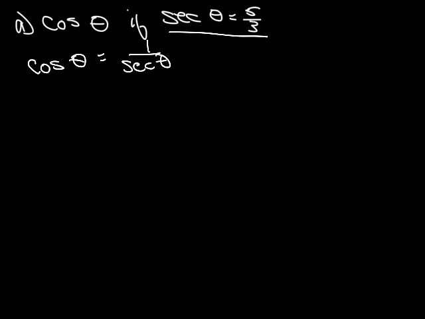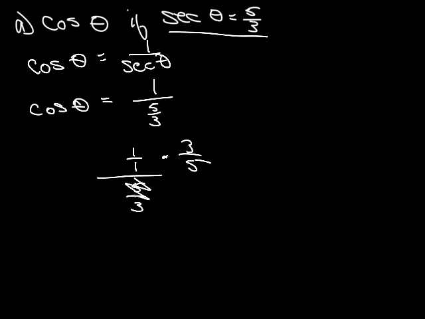Well, if the secant of theta equals 5/3, then all I have to do is put in 5/3 instead of secant of theta. Then I invert and multiply. So I'm going to multiply by 3/5. When I divide fractions, you invert and multiply, and that gives me 3/5. So the cosine of theta, if the secant of theta is 5/3, is 3/5.